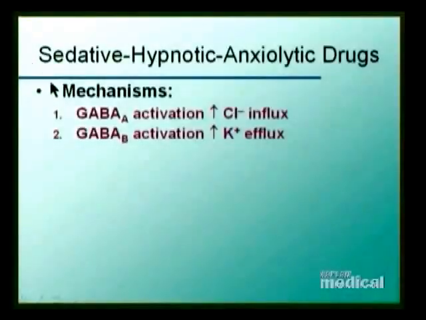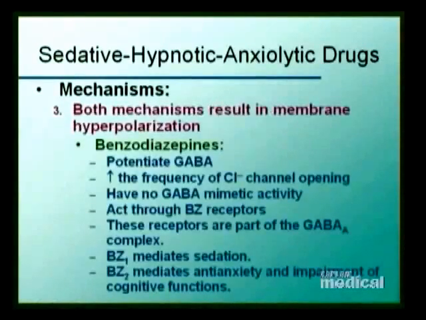Well, to summarize this in text, you see described on this slide the GABA-A receptor activation increasing chloride influx, therefore resulting in hyperpolarization, against the GABA-B activation resulting in potassium efflux, which also results in hyperpolarization and depression of neurons. Both mechanisms result in membrane hyperpolarization, but let's focus more now on a benzodiazepine and its interaction with the GABA-A receptor.